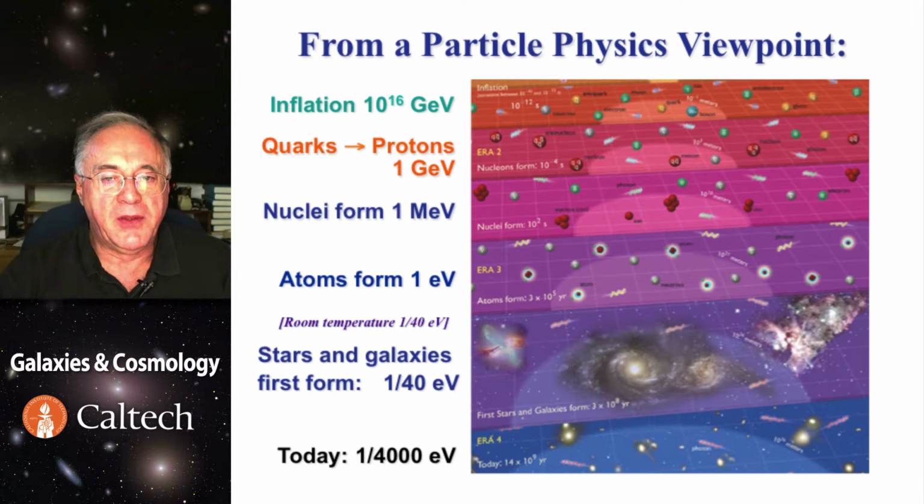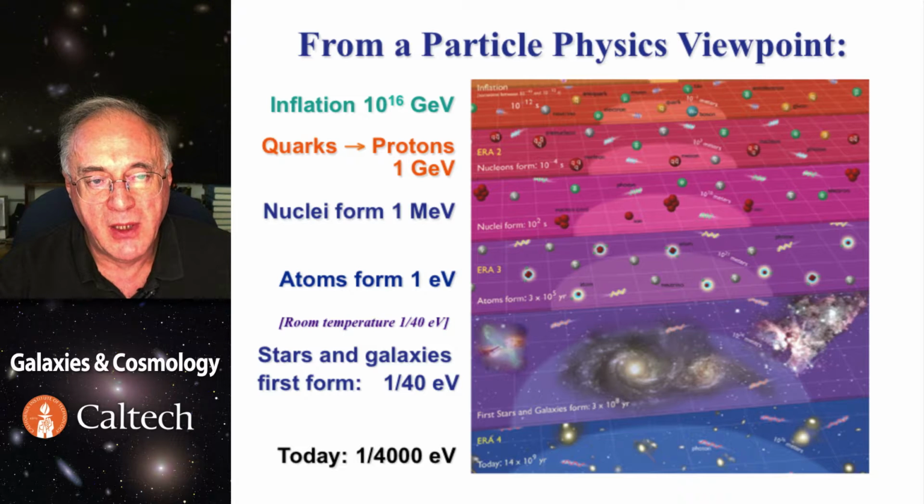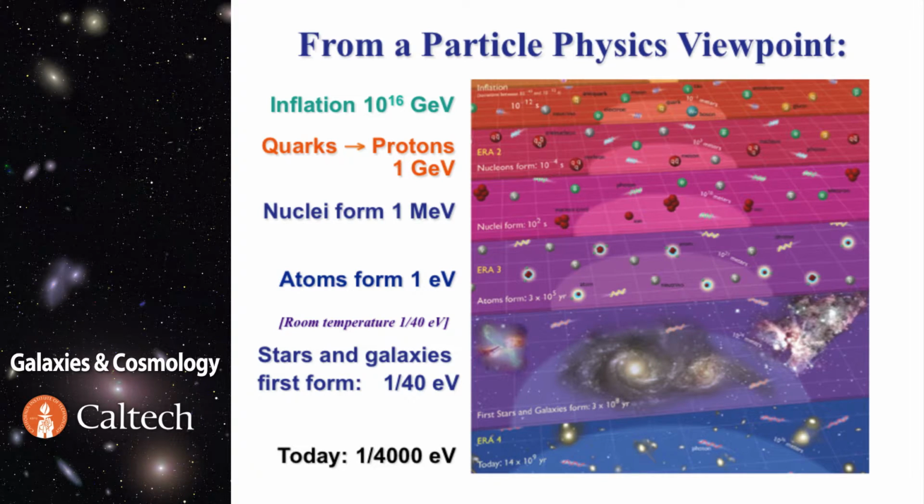Here is a slightly different view that would be appealing more to physicists, that expresses history not as a function of time, but as the typical energies of particles at that time. Recall that the smaller and the denser the universe was, the hotter it was, and kinetic energies were higher. Well, today, they're roughly microwave background photons, which have energies of 1/4000th of an electron volt.